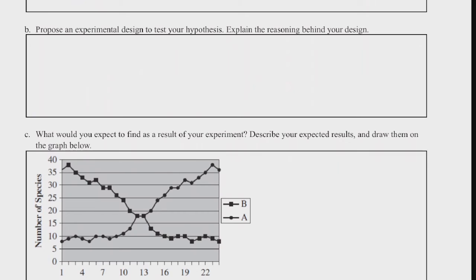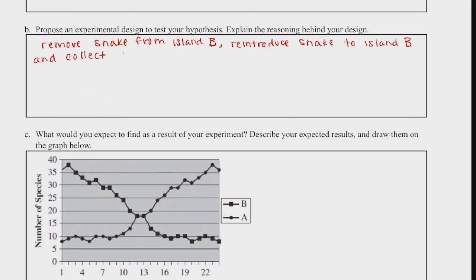This would be to remove snake from Island B, reintroduce snake to Island B, and collect data of species diversity over time.